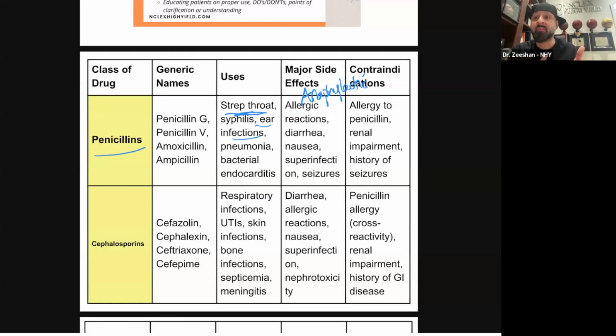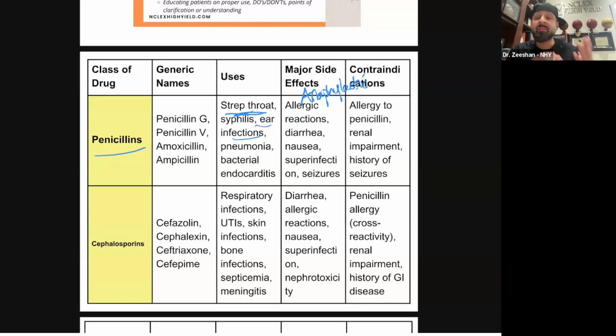So penicillins, again, are the first line that we give as an antibiotic, and the concern is anaphylaxis. What we're looking for is not just a rash. A rash is not too indicative of anaphylaxis, but when we have a swollen throat, itchy throat, welts, hives, now we're concerned.